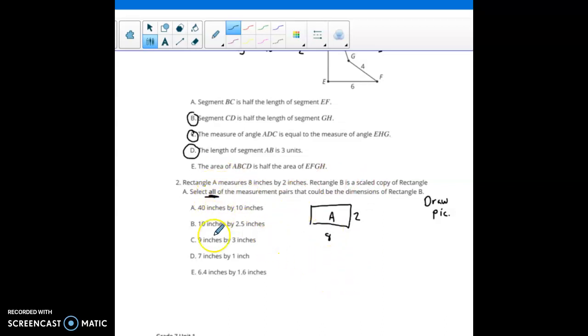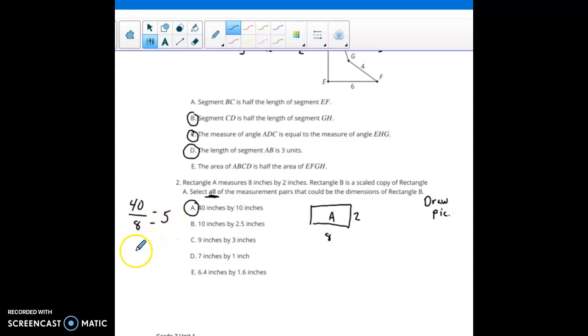As I go through all of these, what I need to do is figure out, do they have the same scale factor? The first one that is true would be A. How do I figure out the scale factor? Well, I'm going to take a division problem and take these measurements, 40 divided by 8, because it's 8 by 2, 40 by 10. 40 divided by 8 is 5.